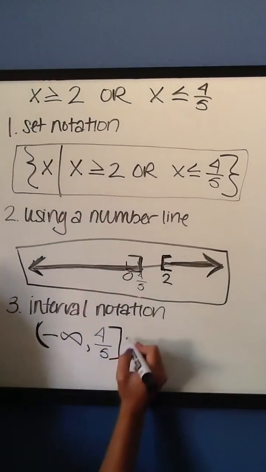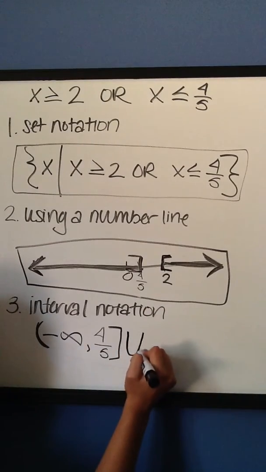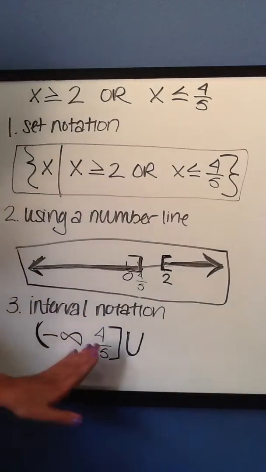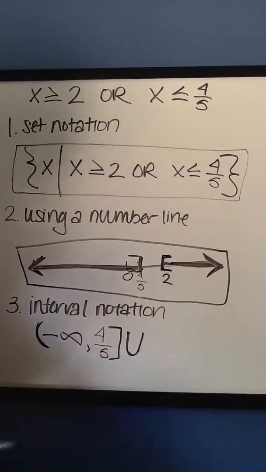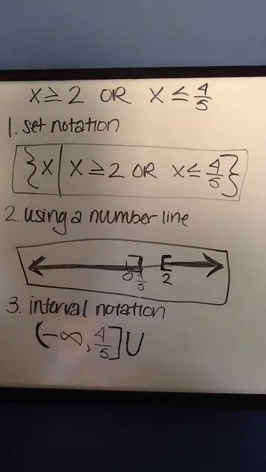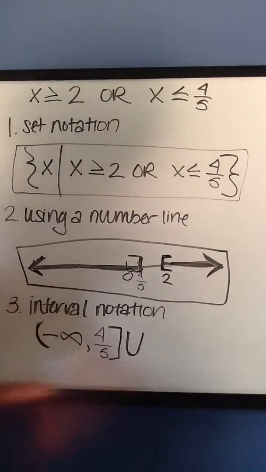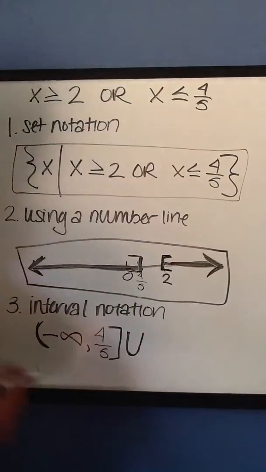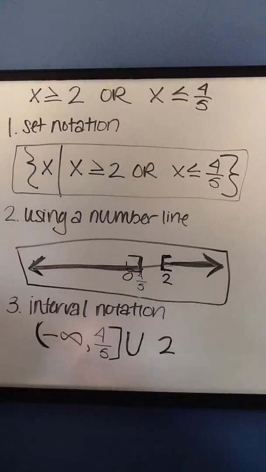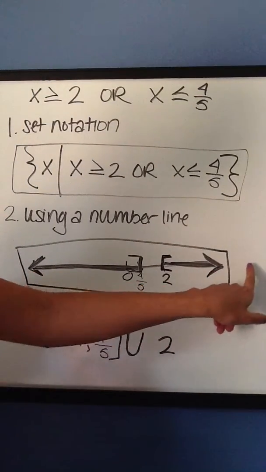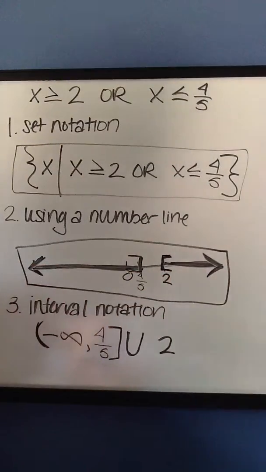We use this symbol, a U, to show that there's a union between the left side of the answer and the right side of the answer. So this just joins the two solutions that we have. So our left endpoint on this right side of the graph is a 2. And for the right endpoint, it just keeps going again, so it's infinity.